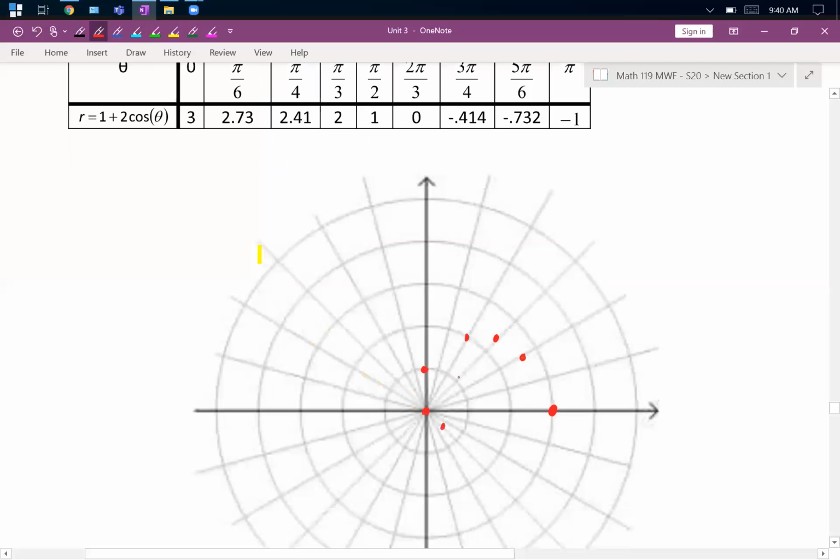At 5 pi over 6, again, that negative r value, so we're going to go in the opposite direction. Take us over here. And at pi, again, negative r value, so we're going in the opposite direction. We're going to be right here. Questions on any of the points we plotted?